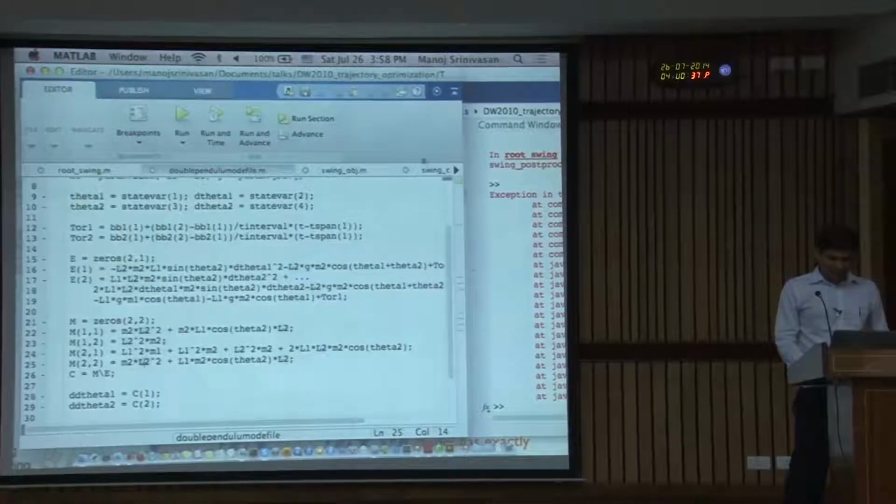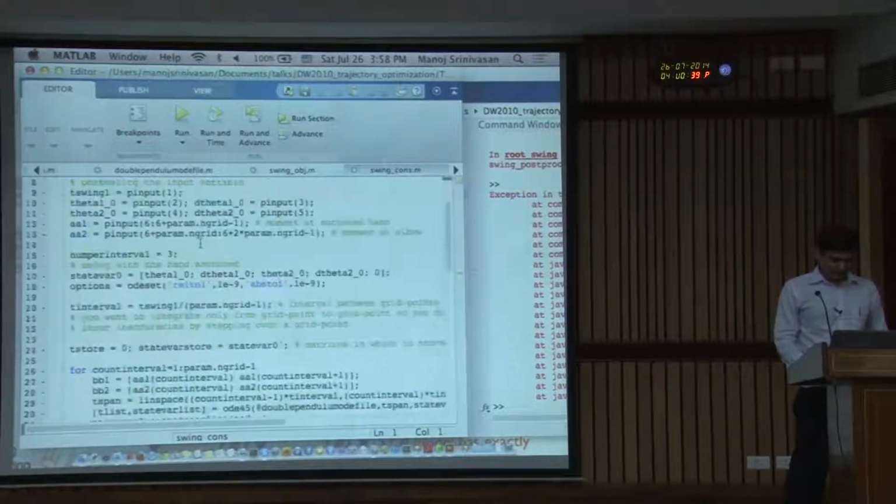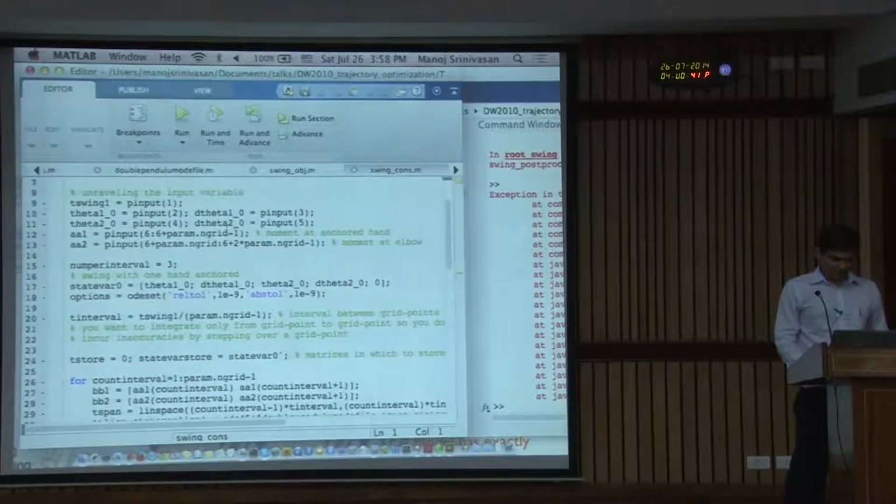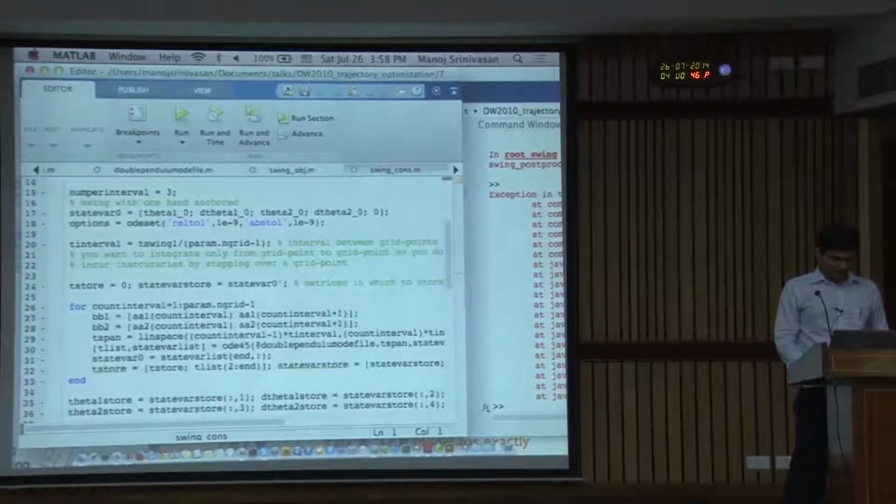Okay, and then the constraints also have almost exactly the same structure. The variables are unwrapped here, and then you have this loop that does the piecewise integration for each piece. There is an ODE solution which is done by ODE45 to a pretty good accuracy, 10 to the minus 9, and so on.